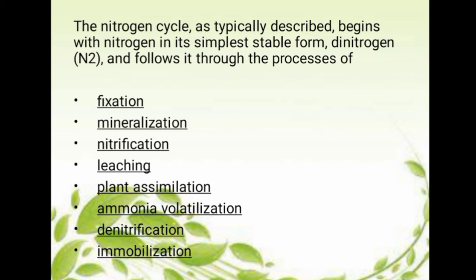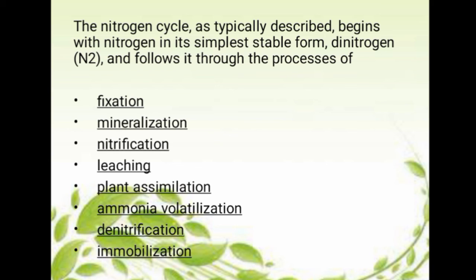So, next is mineralization. In this process, mineralization happens when microbes act on organic material such as animal manure or decomposing plant or animal material and begin to convert it to a form of nitrogen that can be used by the plant.